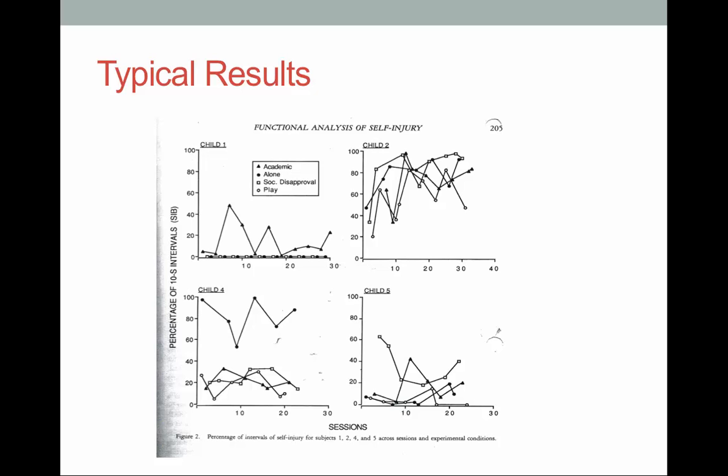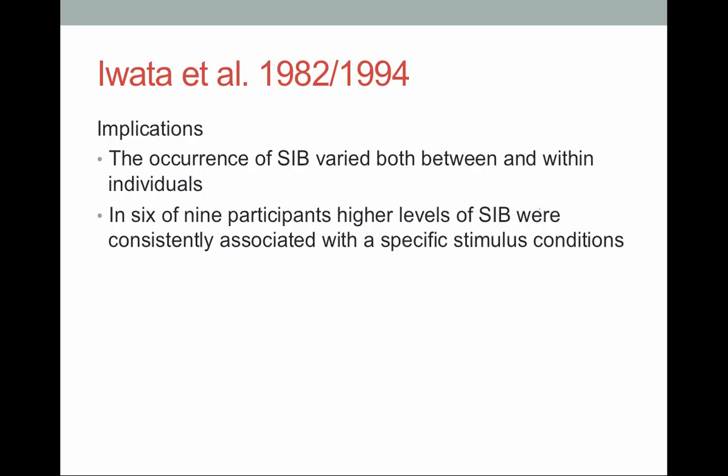So it wasn't just attention, but it had to be a certain kind of attention in order for that person to engage in aggression. So that's probably what was going on here with child 2, is that Iwata just wasn't focused in on exactly what the specific variables were.